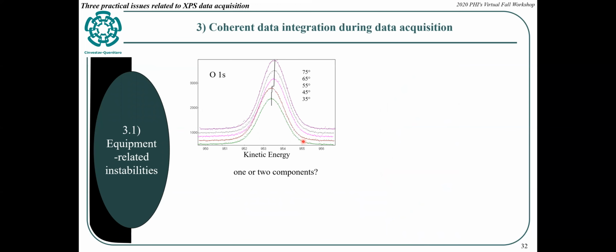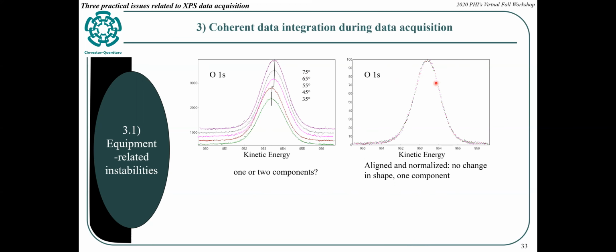So if you take data, for example, at 35 degrees, and then at 45 and 55, and then if you have a shift in time, what you get is that apparently the peak is shifting.